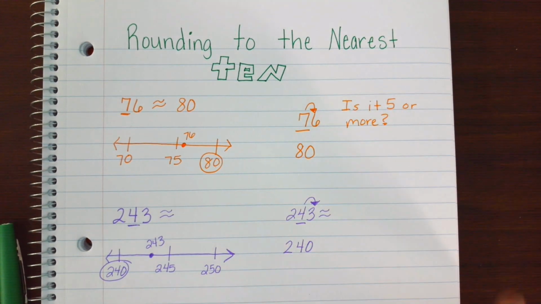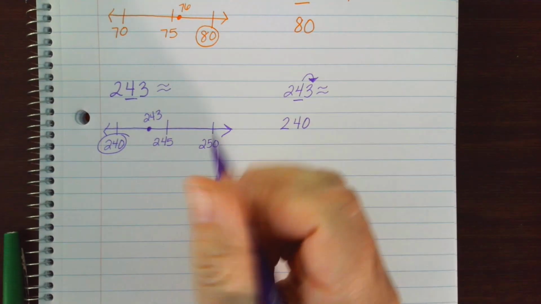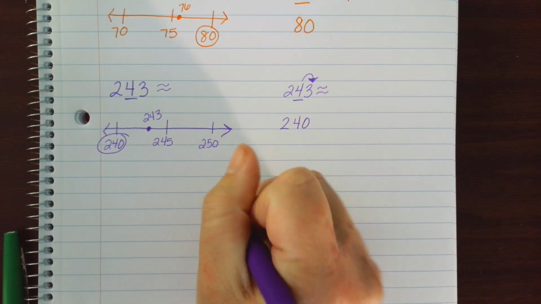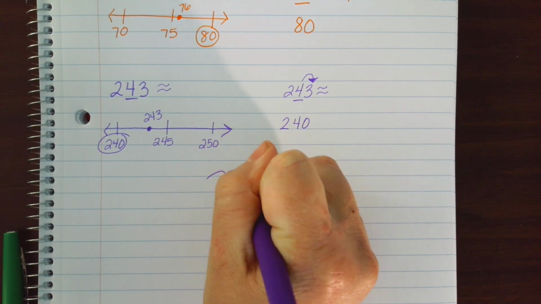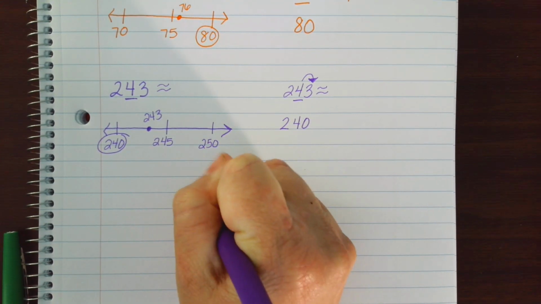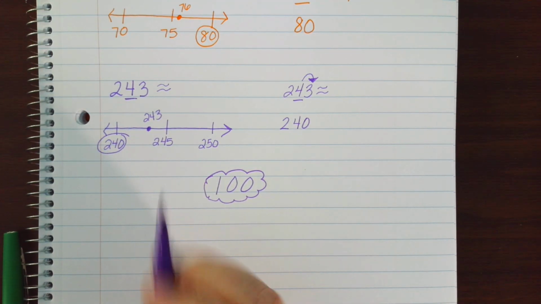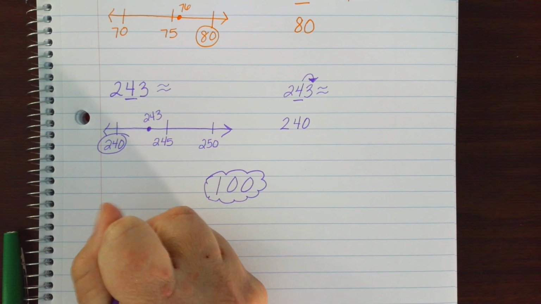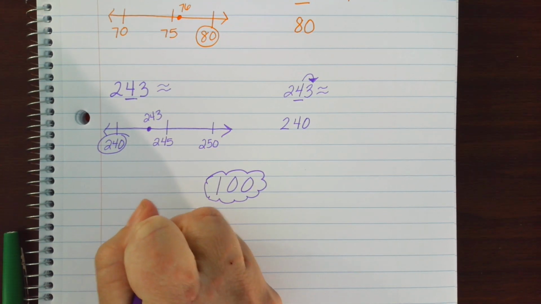But the problem is, sometimes we have to round to the nearest 100. So if we're rounding to the nearest 100, I'm going to write 100 here. Let's say that we have 483.